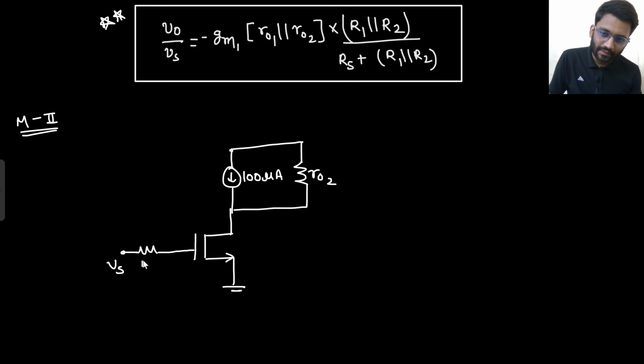This is Vs, this is Rs, this is V0, and this is grounded. And if you are doing the small signal analysis, then this 100 microampere current source will also be gone.